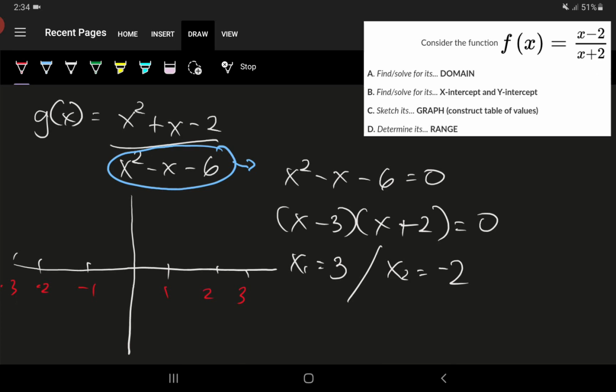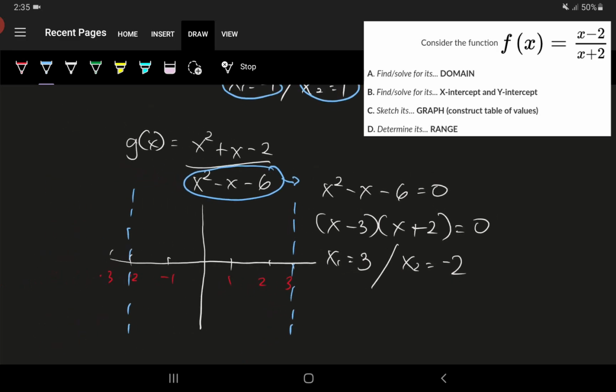Therefore, we need to focus on our x-axis only. Sa x-axis lang tayo pupunta. So we have positive 3, so we have this point for positive 3, and we also have negative 2, so approximately dito siya banda. So that is the very concept of vertical asymptote. Later it will give us an idea kung ano yung magiging behavior ng ating graph of rational function.